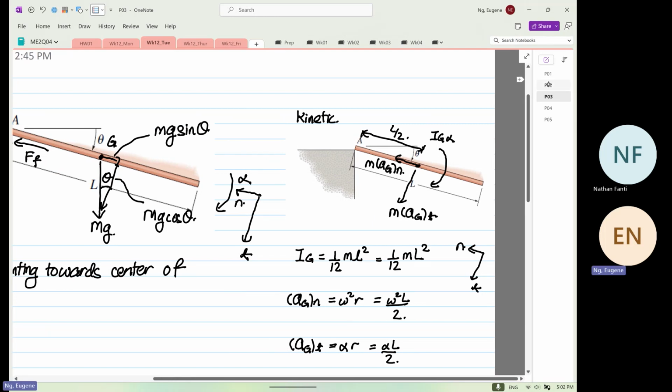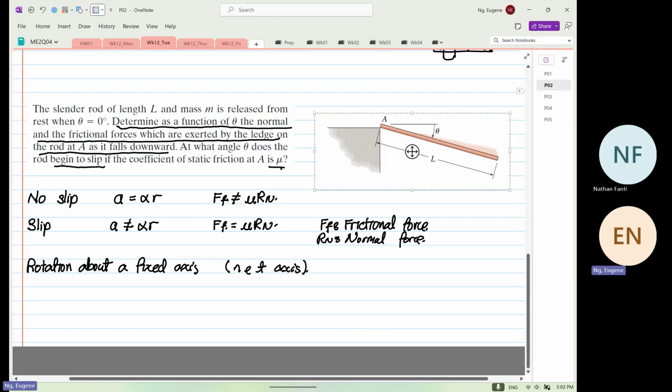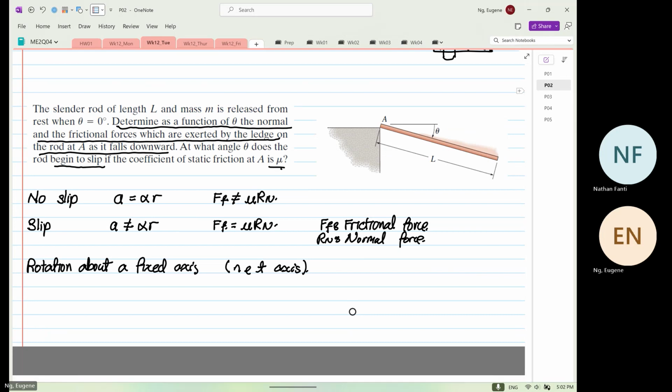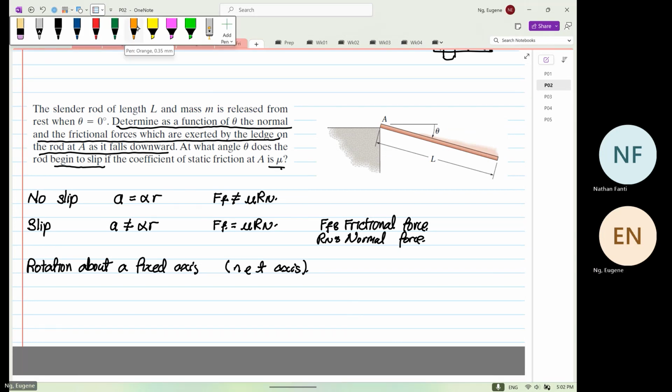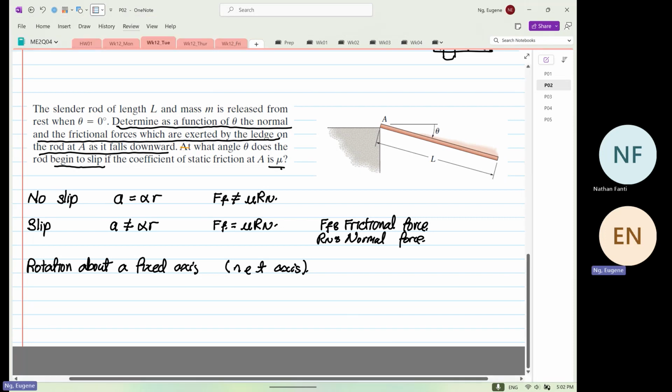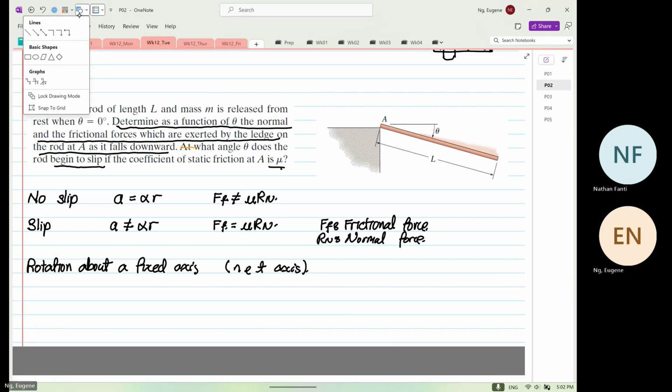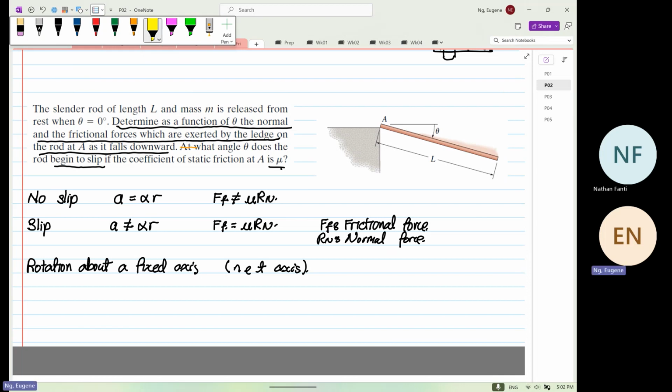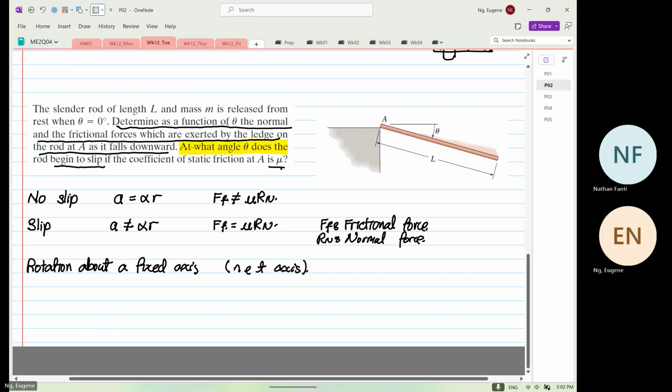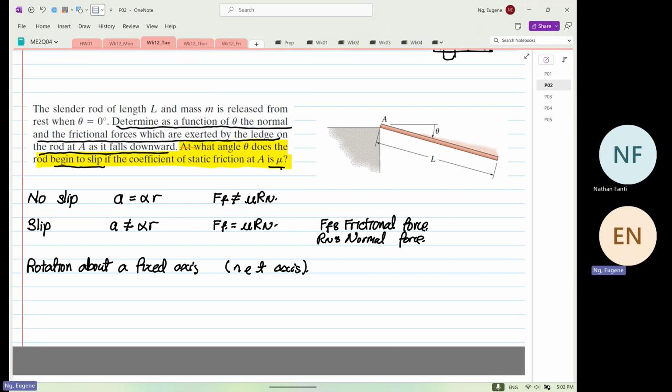If we go back to the question, we ask this very important point: at what angle does the rod begin to slip if the static coefficient is equal to mu?